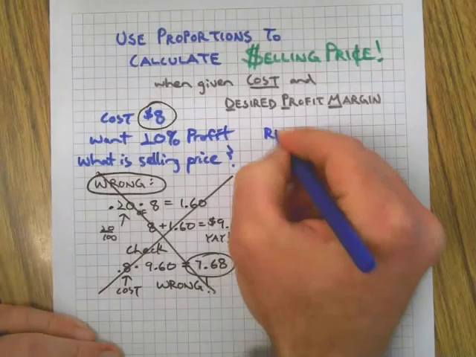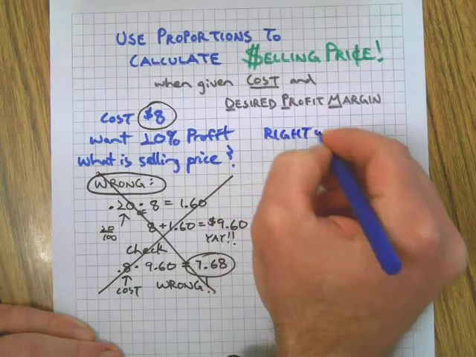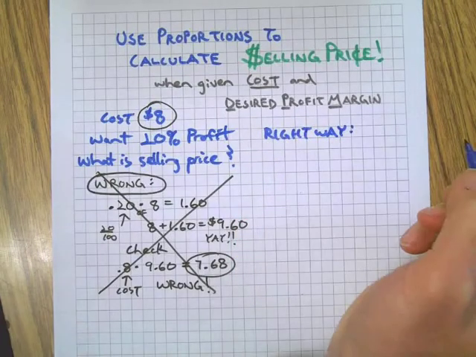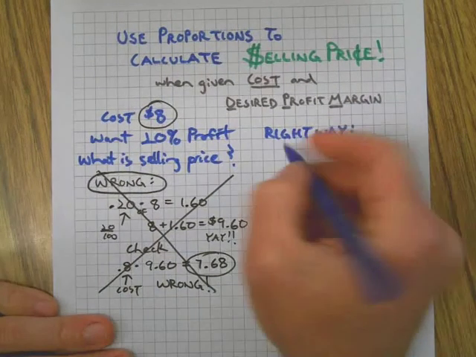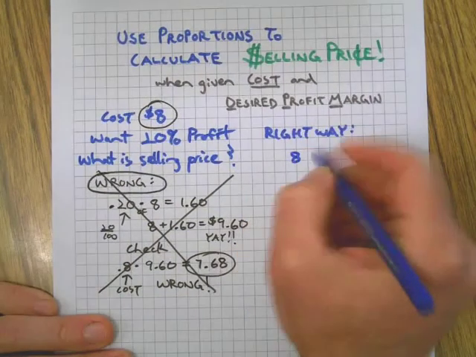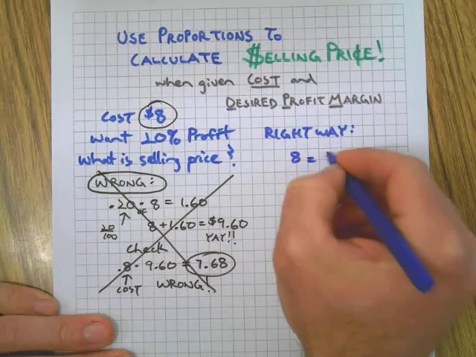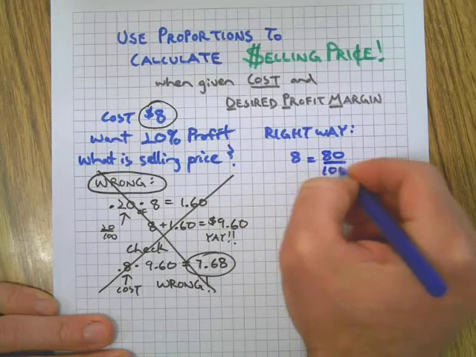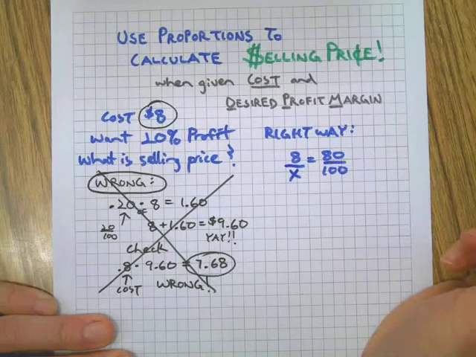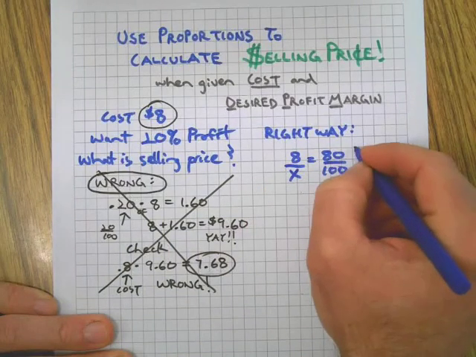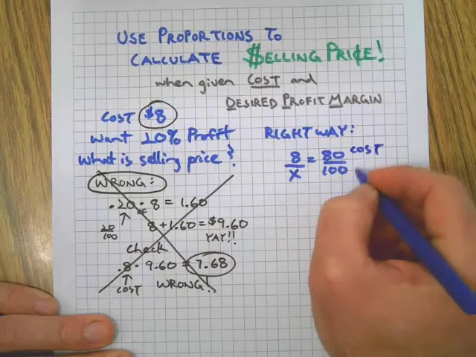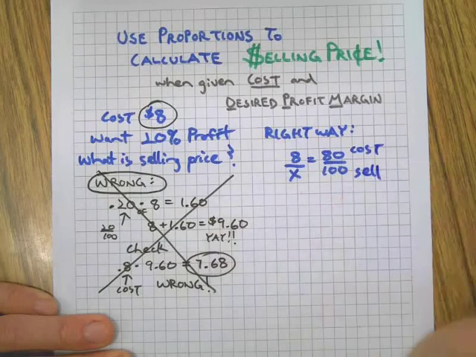Let me show you. Okay, the right way would be $8 is 80% of what number? Okay, because the 80 represents my cost, and this is my sell.